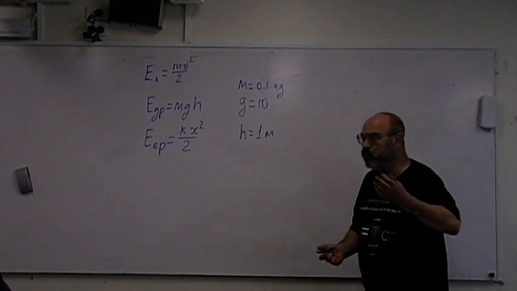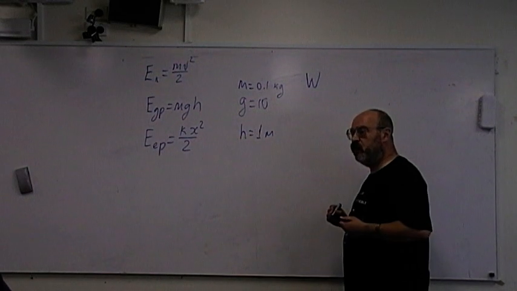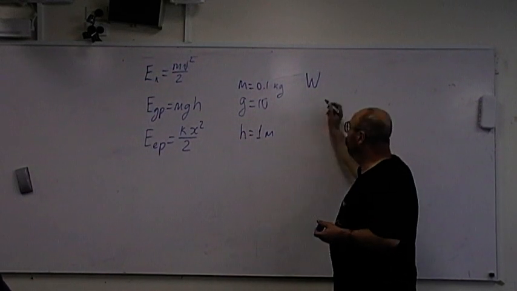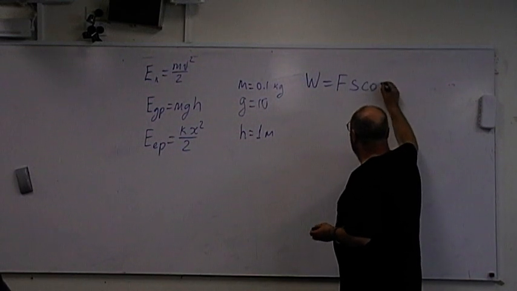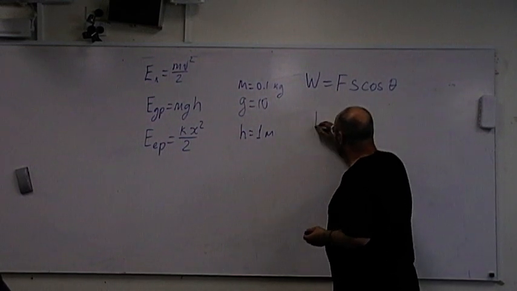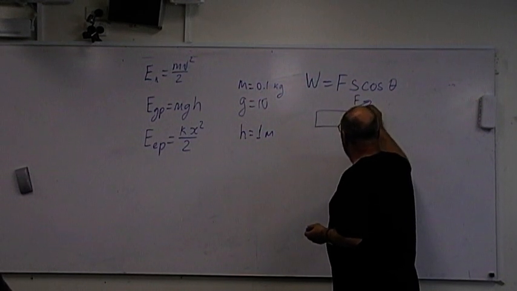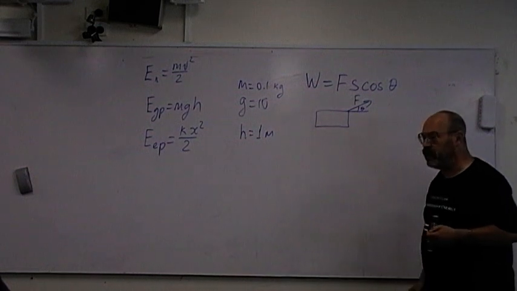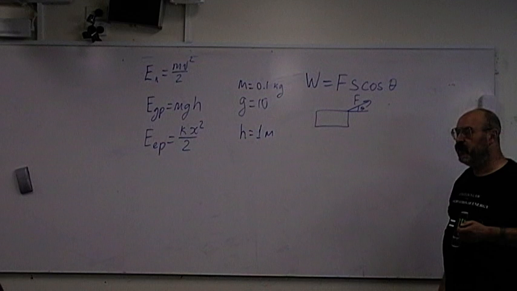Let's recall from last year, what is mechanical work? Force times displacement times cos of the angle between them. When we have an object and a force at an angle to the displacement, that's mechanical work, Fs cos theta.